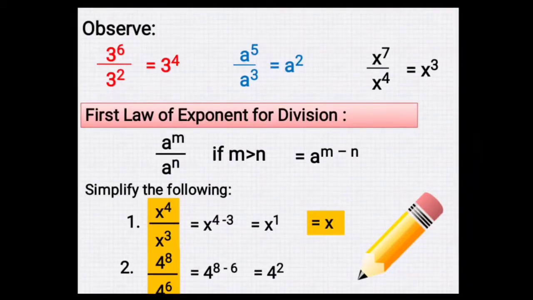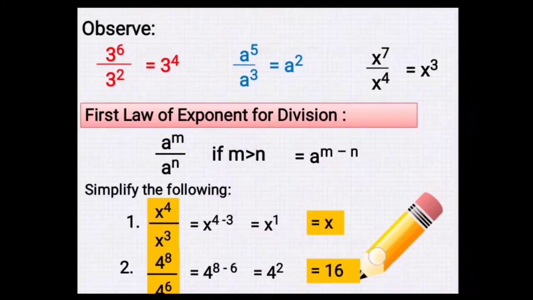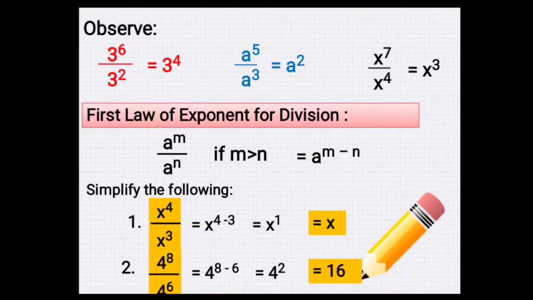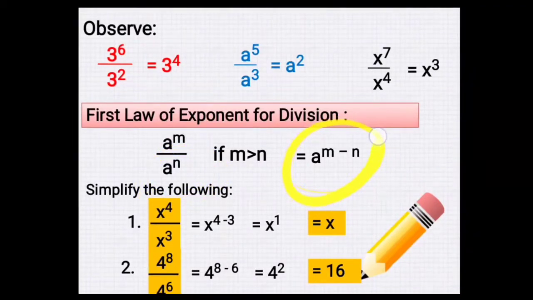When we compute that, 4 squared is the same as 4 times 4, which is 16. That is the first law: same base wherein the exponent of the numerator is greater than the exponent of the denominator. Therefore, the answer is a whole number wherein you have to subtract the exponents.